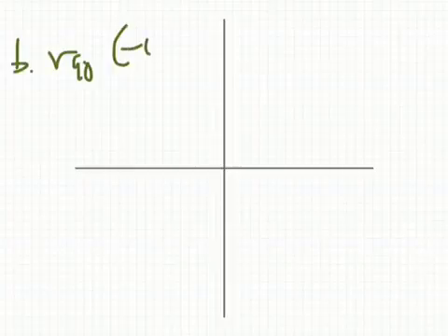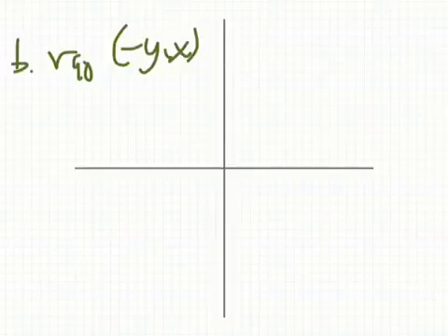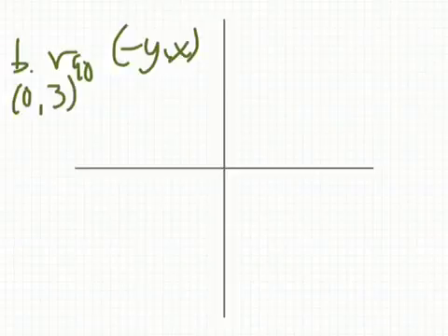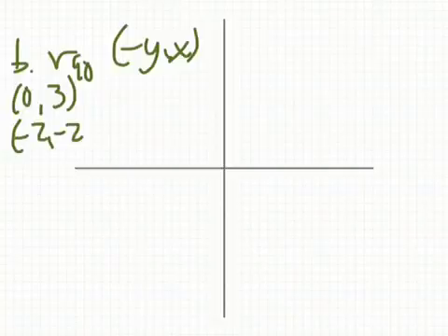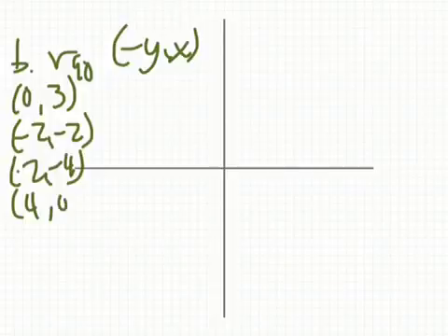Okay, let's go on to B. Rotate 90. That's the rule (negative y, x). 270 would have been (y, negative x). If I apply the rule to all of them, here are my new points: 0, 3; negative 2, negative 2; 2, negative 4; and 4, 0.